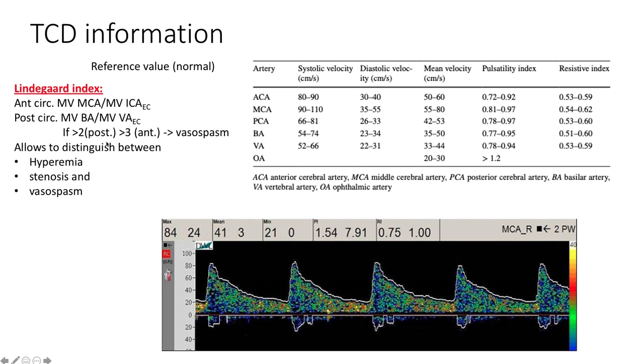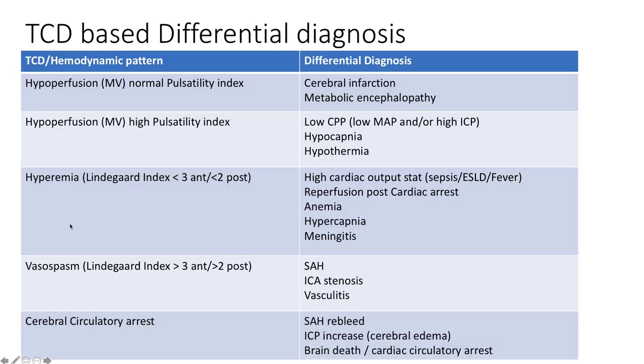And here the threshold: if the Lindegaard index is above 2 for posterior circulation and above 3 for anterior circulation, that indicates you have vasospasm. The Lindegaard index allows you to distinguish between hyperemia, stenosis, and vasospasm. That's really where it helps you, based on the TCD, to come up with a good differential diagnosis.